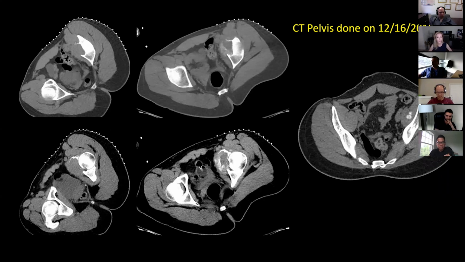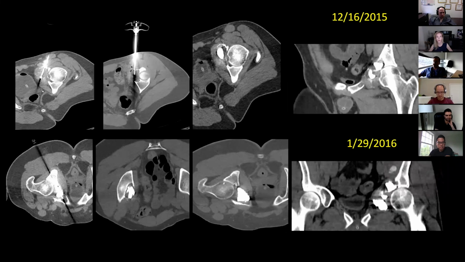This time I went in and mixed, which is not FDA approved, zoledronic acid with bone cement. I got a working time of about 35 minutes when I mixed it this way, and I actually started putting the cement in at about 15 minutes because it was like liquid when I mixed the cement and this. I did him at least two to three times, I think four times actually.